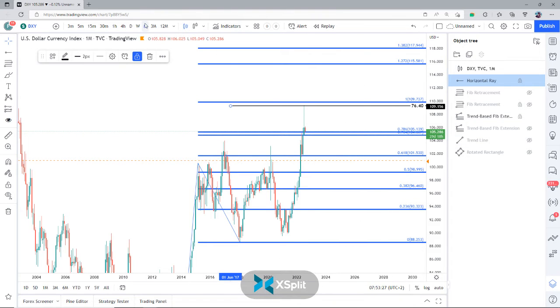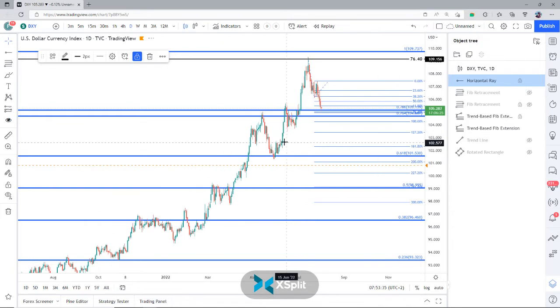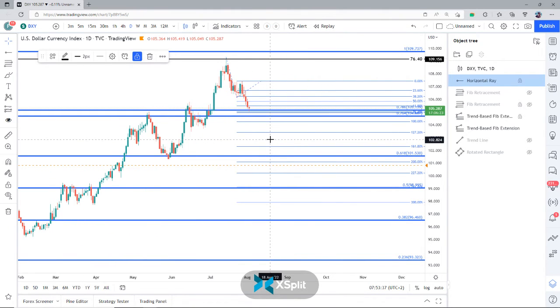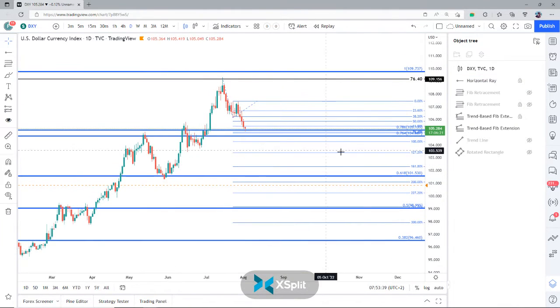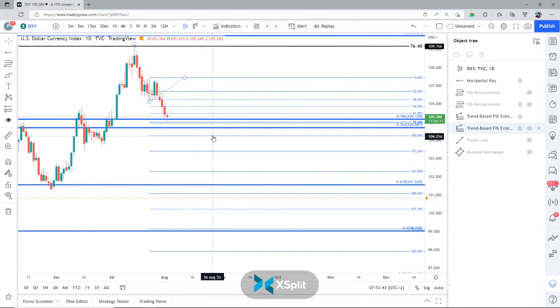The other thing I'm looking at now is the small inside ABC, which is that one. It's a daily ABC. That's what we are using now. And that's what I'm looking at actually, because we should see the one-to-one extension here. We should see the 127 extension too, and we should go on.